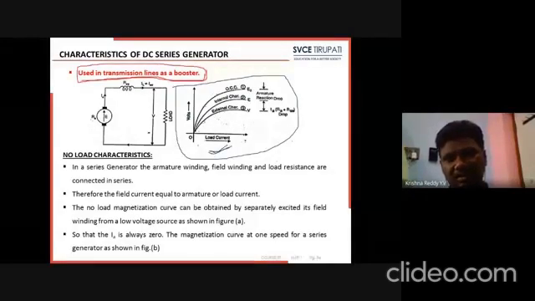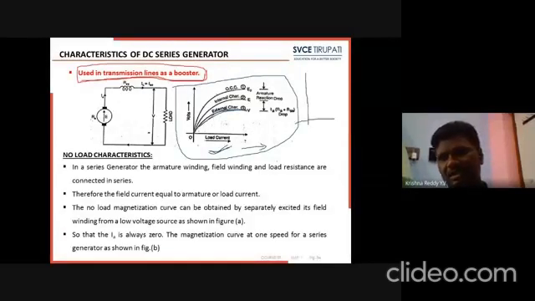Here, as the load current increases, the induced voltage has rising characteristics. In the previous case, initially we have rated voltage, then armature reaction drop and armature resistance drop, so the characteristics are drooping. As the load increases, we have reduced voltage.